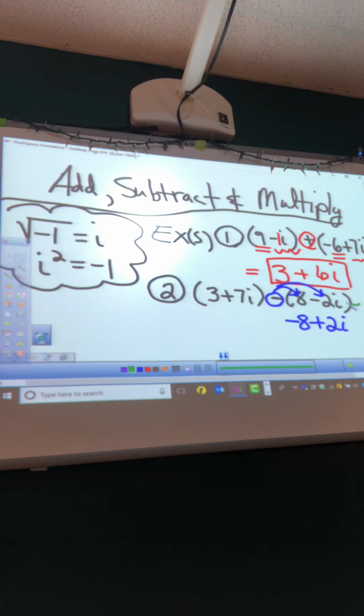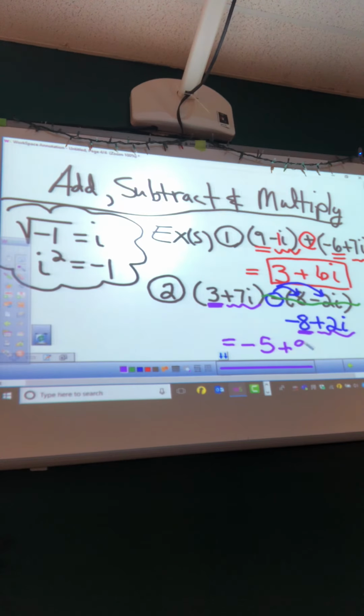So once we distribute that negative, it made the 8 become negative. A -2i makes it be a +2i. And now we're looking at real and real, imaginary and imaginary. So if 3 is the real part, what's real here? -8. So that gives me an answer of what for the real part? -5. Imaginary and imaginary gives me how much imaginary?